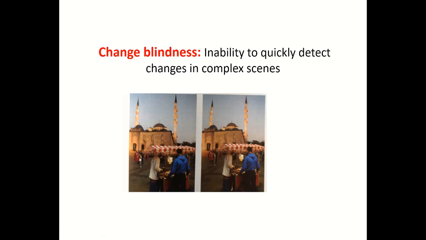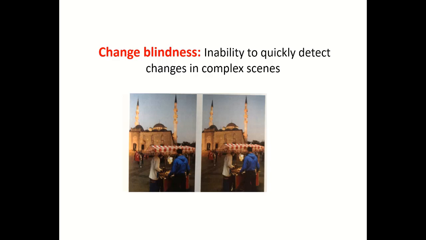Here you see a mosque, and in front of the mosque you see a stall, and a few people are there, and in the mosque there are different features, right?